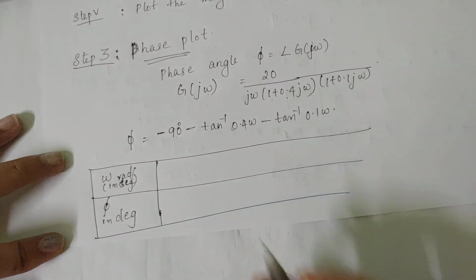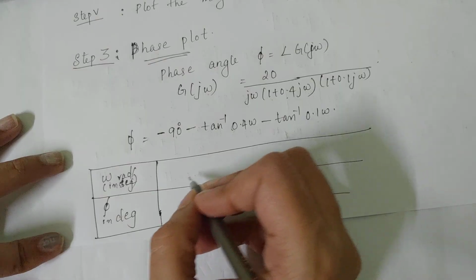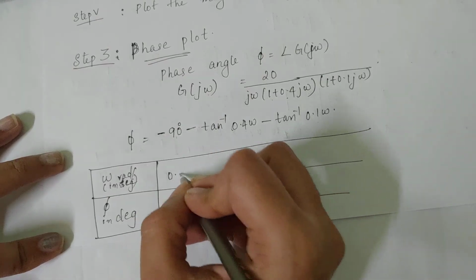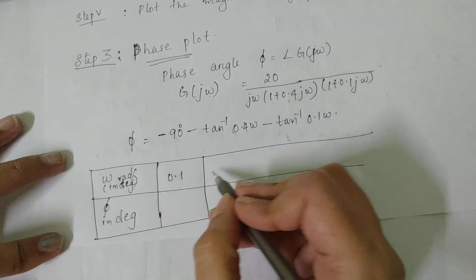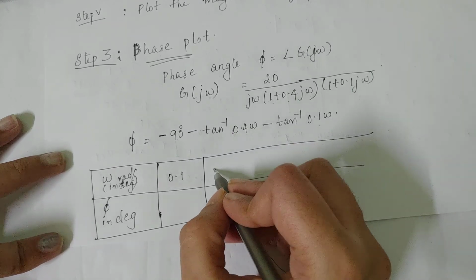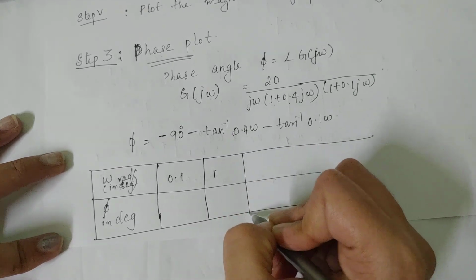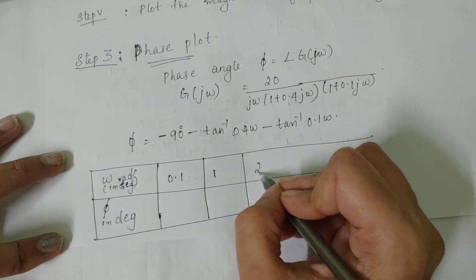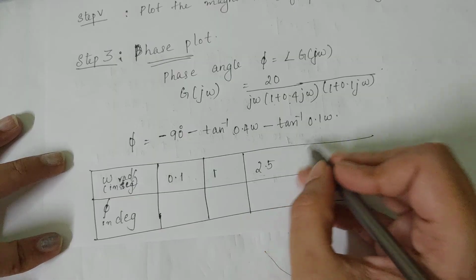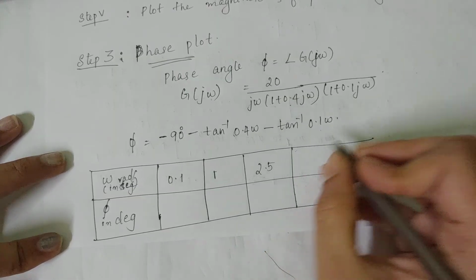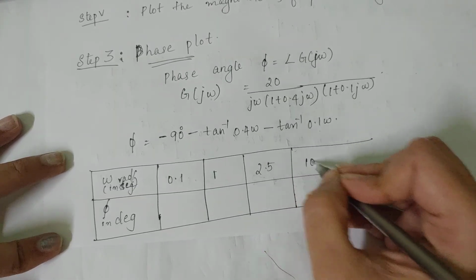Okay, so here the first one is omega 0.1. Now second one should be 1. I'm just taking some values. Now I have omega C1 2.5 and omega C2 it is 10.